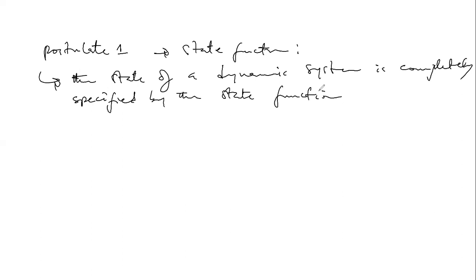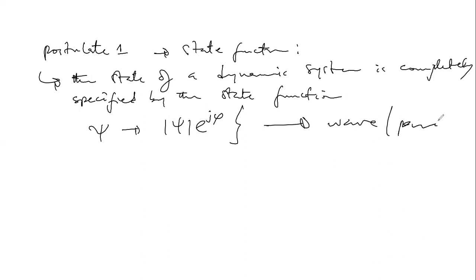Recall that we designated the state function to be psi, and since it's a complex quantity, it has a magnitude and a phase. This also brings us to the wave-particle duality problem, which we are going to resolve shortly.